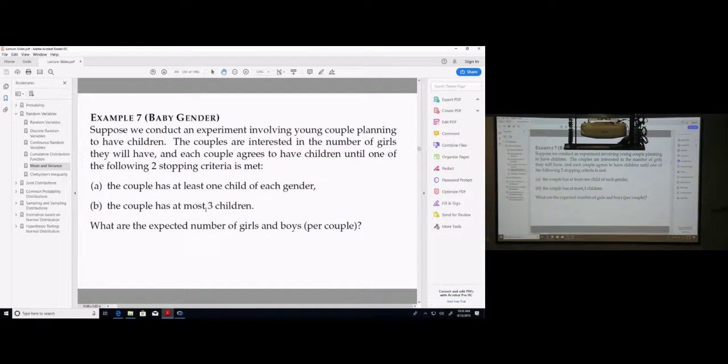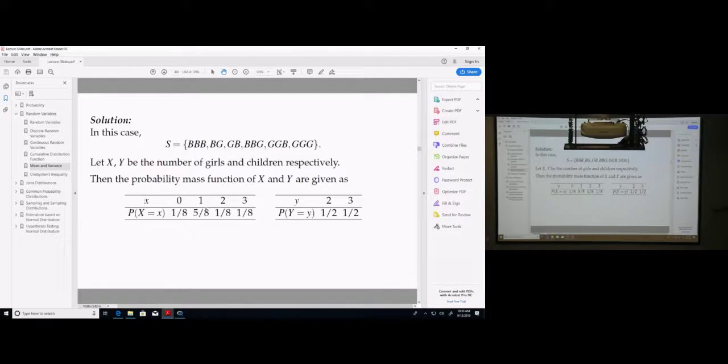So either the couple will have three boys, then they will stop, or they have a boy and then a girl, then they have two children of opposite gender, so they are happy with that, and then they stop, or girl, boy, and so on and so forth.